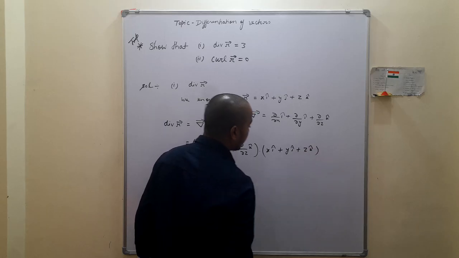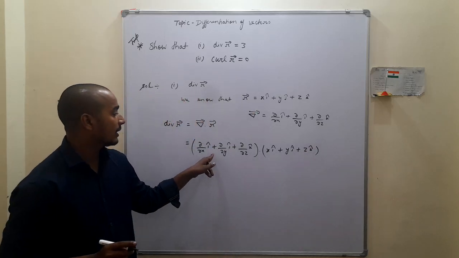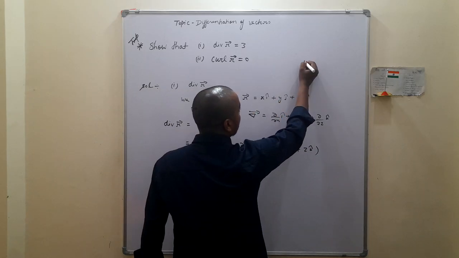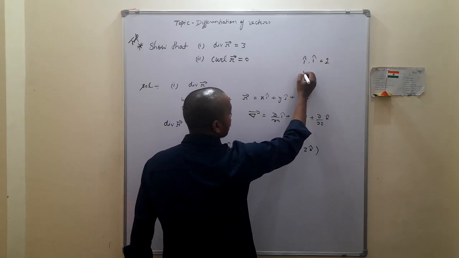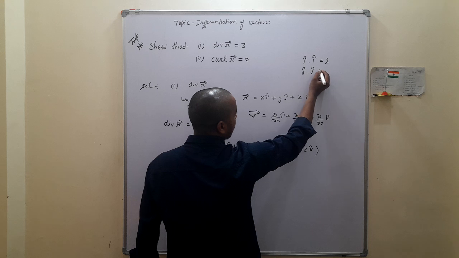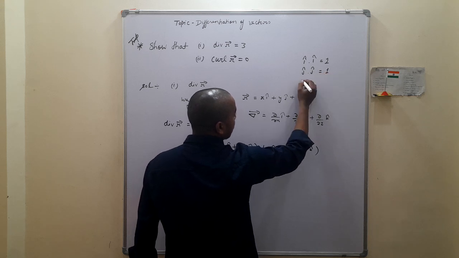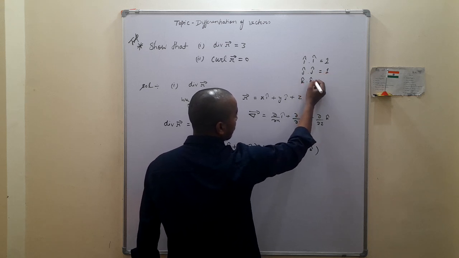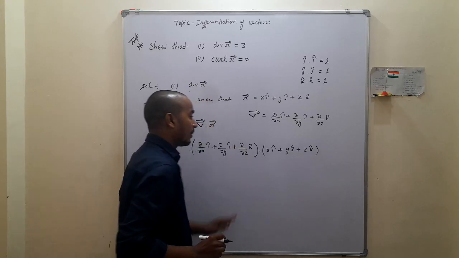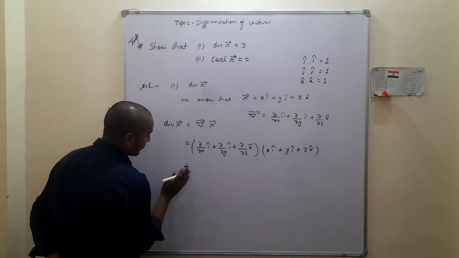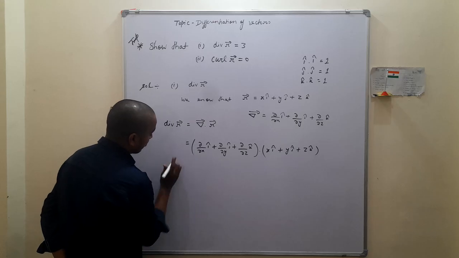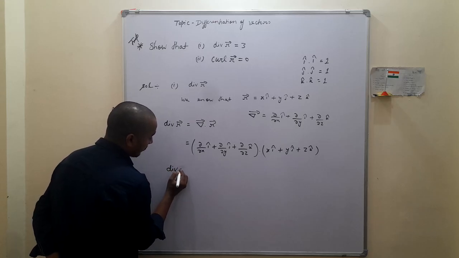We know that i cap dot i cap is 1. Similarly j cap dot j cap is also 1, and k cap dot k cap is also 1. So we use this result.